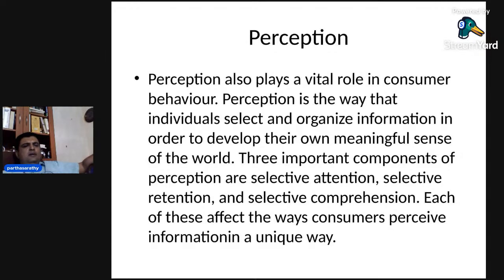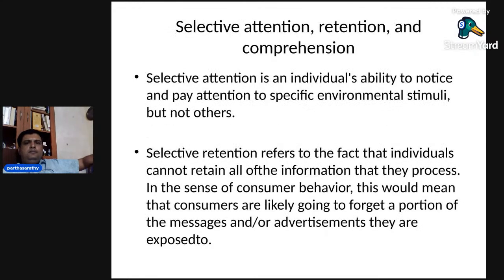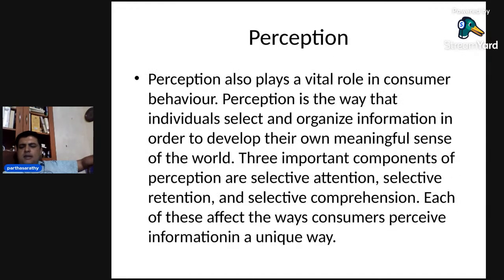Next, we discussed a great deal about perception in our previous slides and in our previous class. So now we actually see what is perception and what are the different types of perception and all other things. Perception also plays a vital role in consumer behavior. Like Maslow's needs, it's very common sense: different levels of needs, physiological, safety, love and belonging, esteem, and self-actualization.